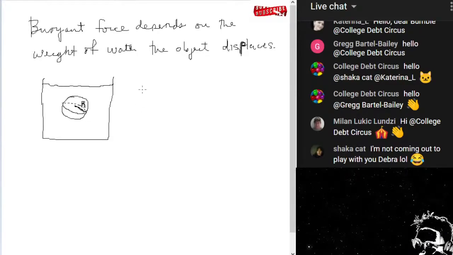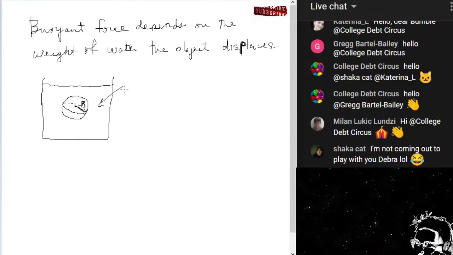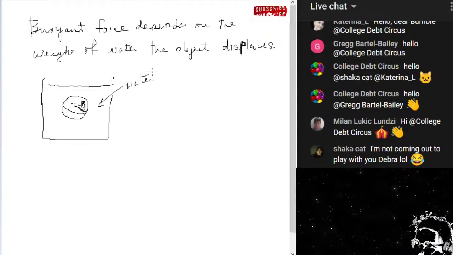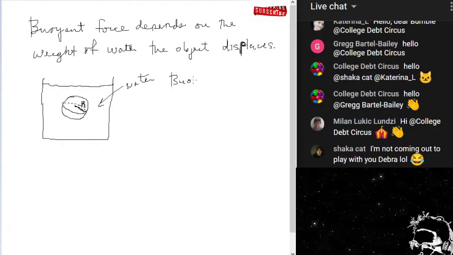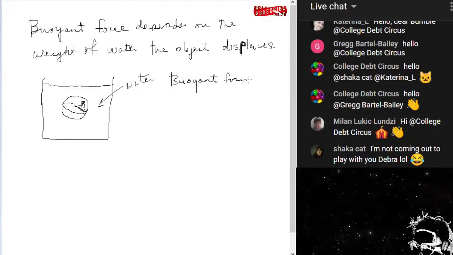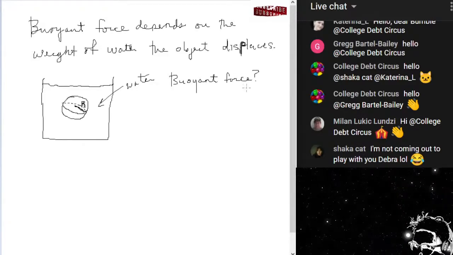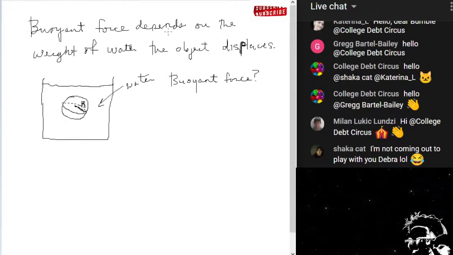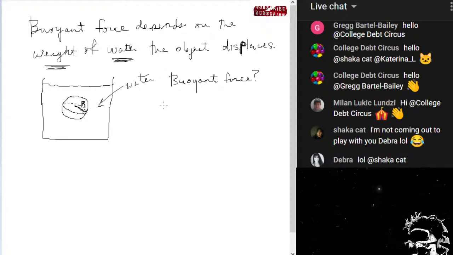And this is water. So what is the buoyant force? Well, the buoyant force is the weight of water. The weight of water would be the mass of water times g, right?